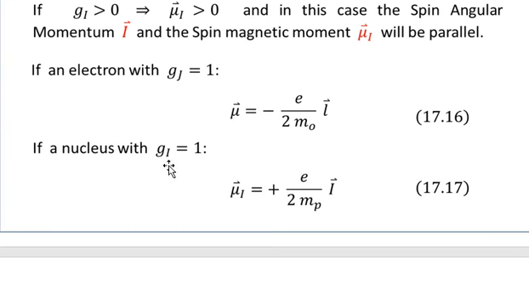Now, for a nucleus with gI equal to 1, the magnetic moment of the nucleus can be written as mu I is equal to plus e over 2 mp into I, where I is the spin angular momentum of the nucleus and mp is the mass of the proton.